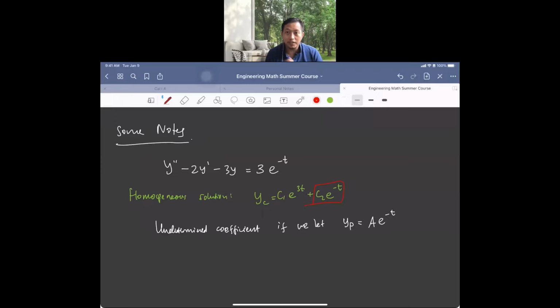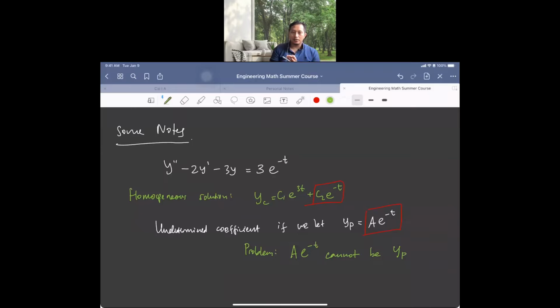This is a problem because we have the same structure, the same e with power negative t. So the problem here is that A e^-t cannot be yp.